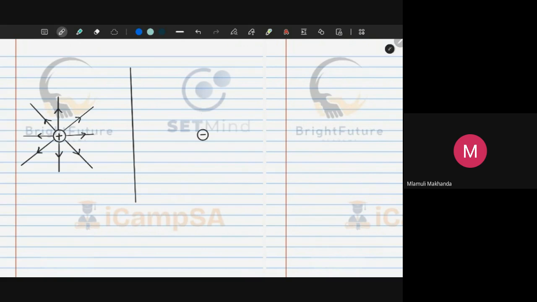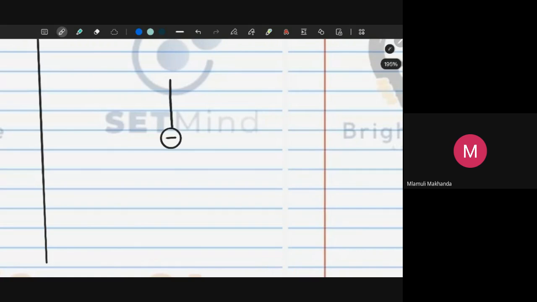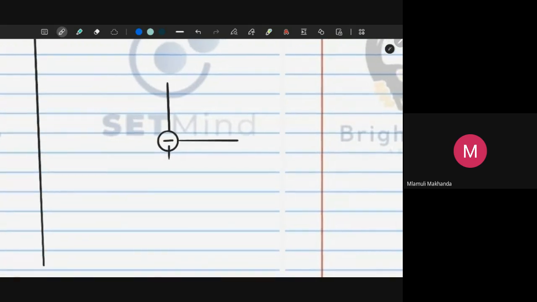And with drawing the electric field lines, they must never cross the circle. They must not go through the perimeter of the circle. That's not allowed. They should only touch the circle, not penetrate it.